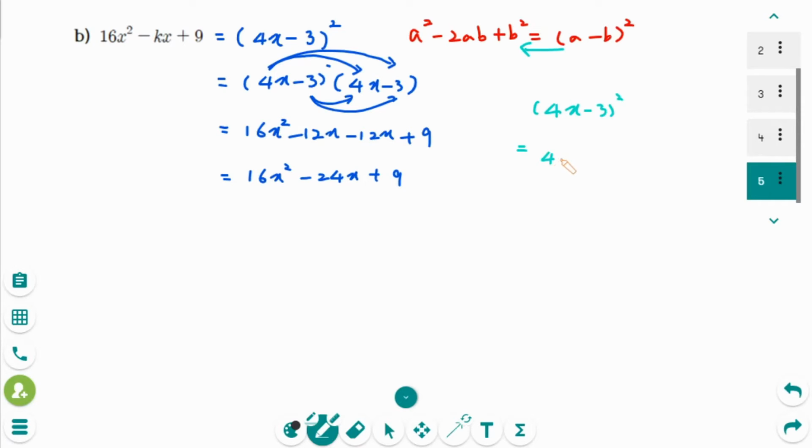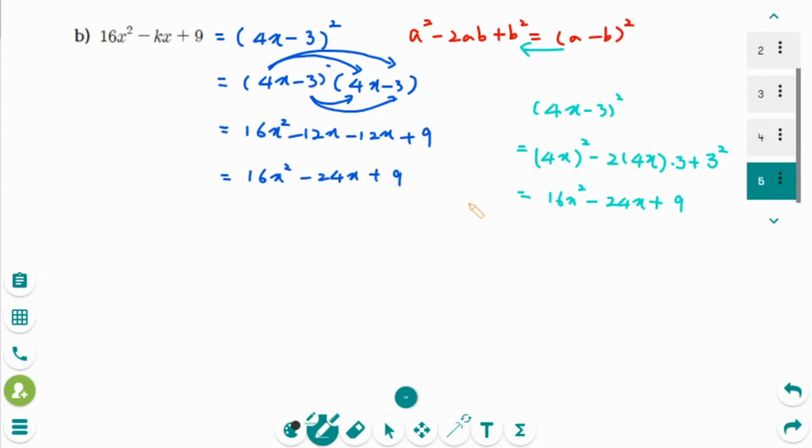So a squared minus 2 times a part times b part plus b part squared, then 16x squared minus 2 times 4x times 3, which is 24x plus 9. So you can choose any one.